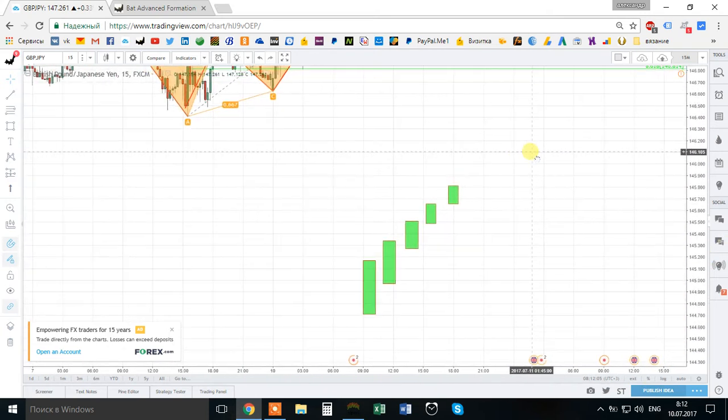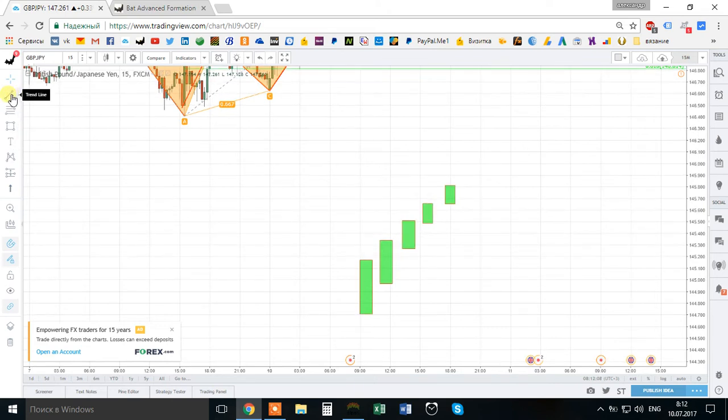Okay, and the second thing you should pay attention to is the shadows, especially the upper shadow. So let me draw the upper shadow, control and drag it like this. If the shadows become larger and larger and larger, this is a very, very good sign.